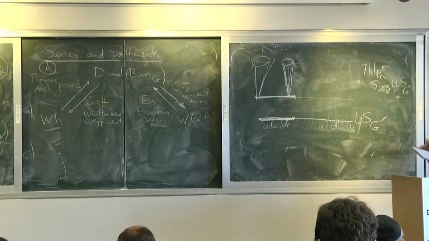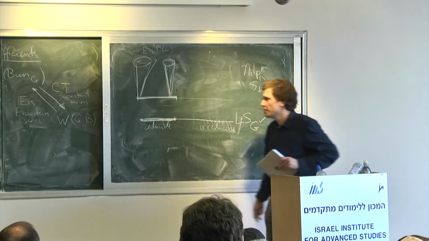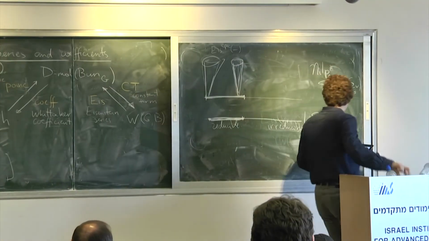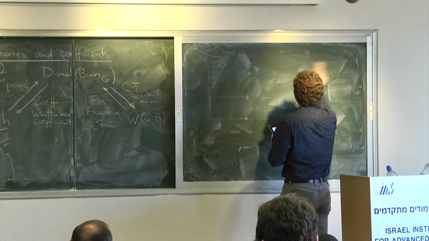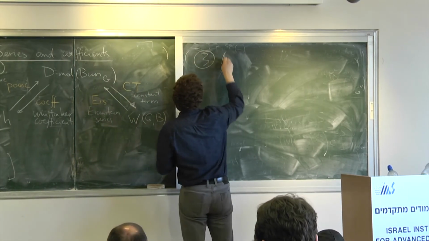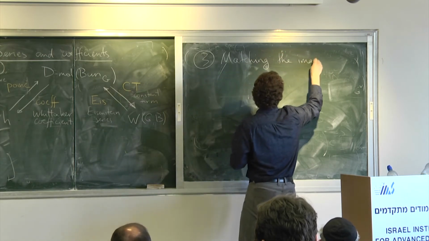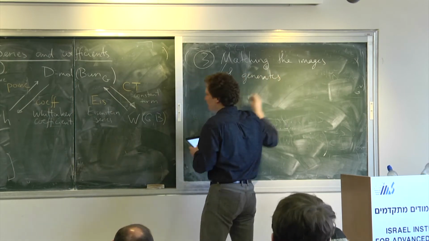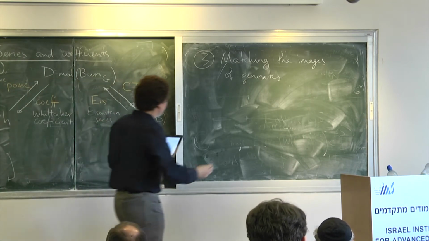All right, now let me just say a few words about what's really involved in matching the images of these two sets of generators. And I almost said this already, so it's to match the images of generators in their respective Whittaker categories.